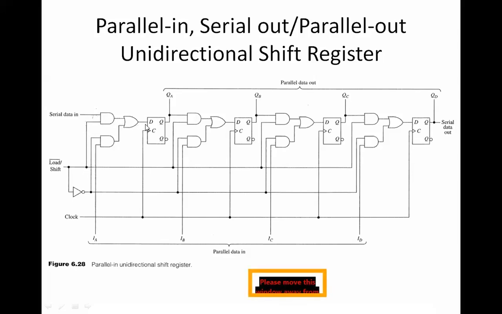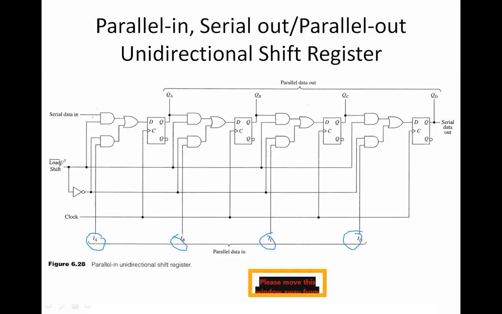Which means it is not taking this load value. Load means putting these values like this, which is my parallel load. Are you understanding, students? Load is nothing but these values: IA, IB, IC, input D. So this is used for load.